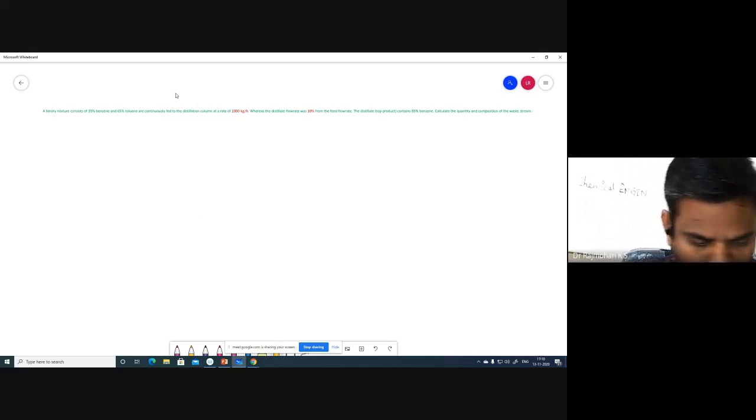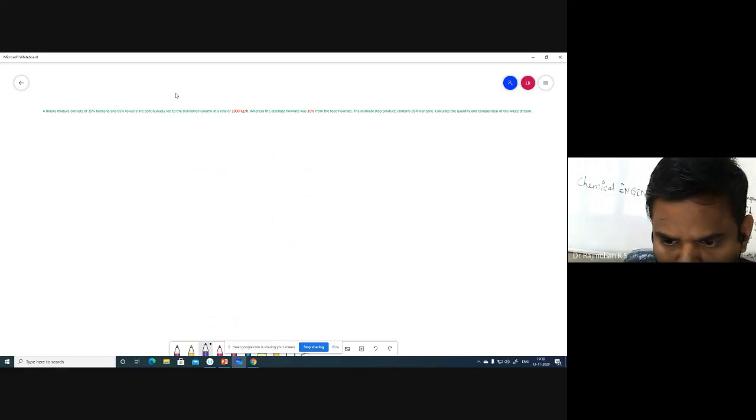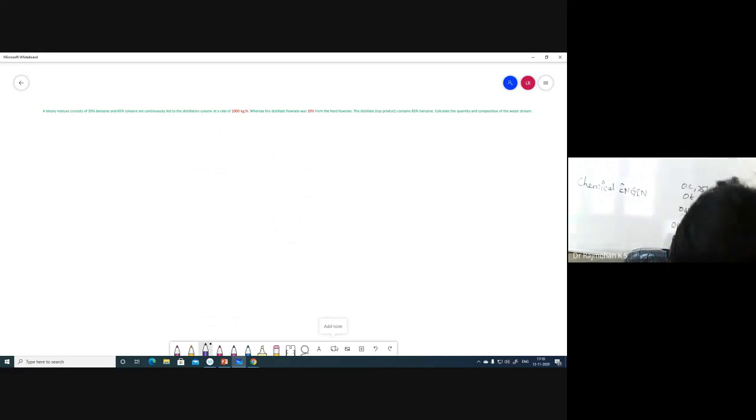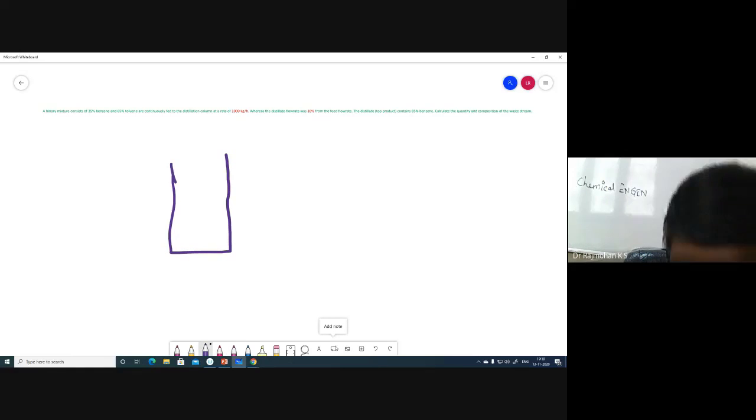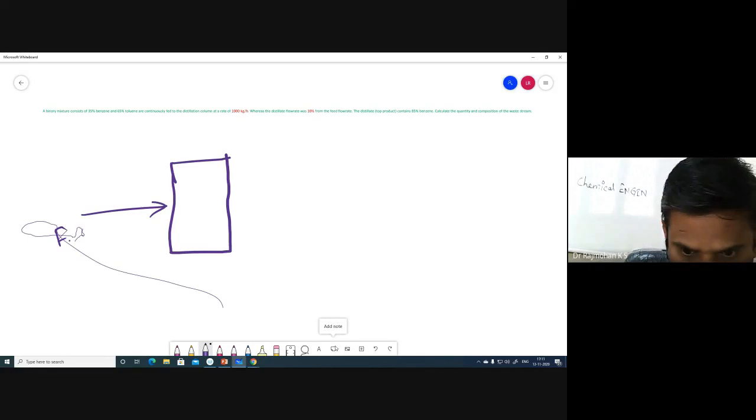You can draw a block diagram. Okay, we have a feed, which is given as 1000 kg.